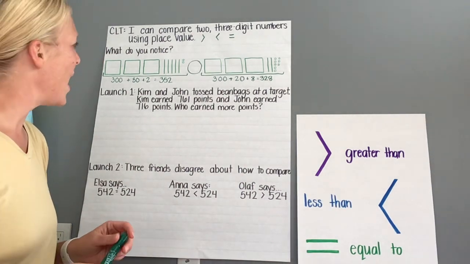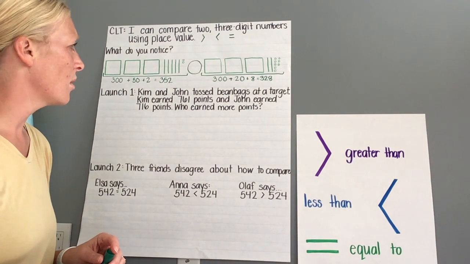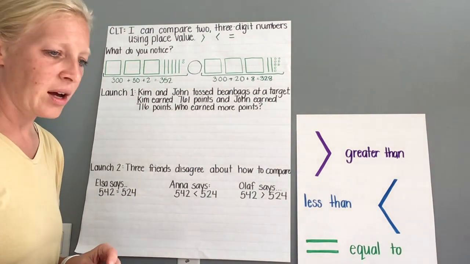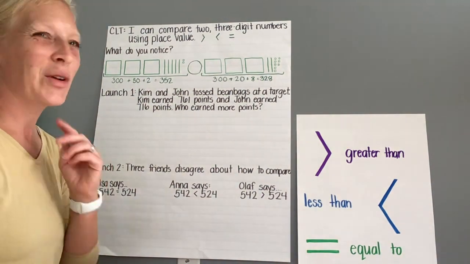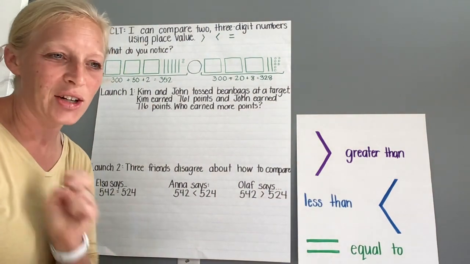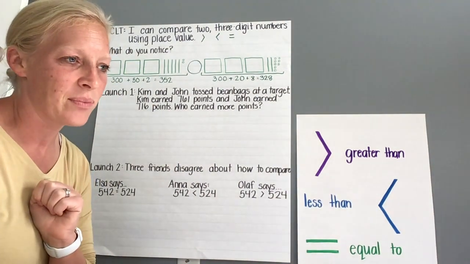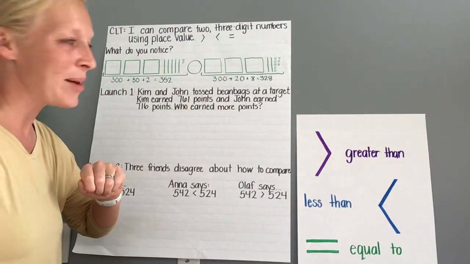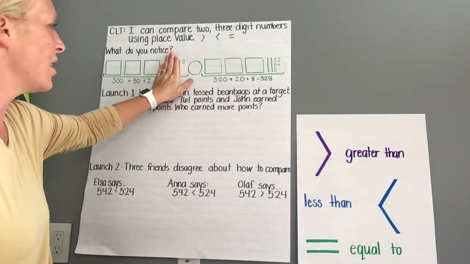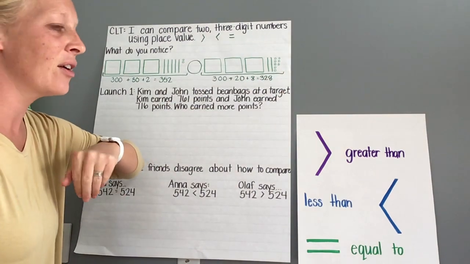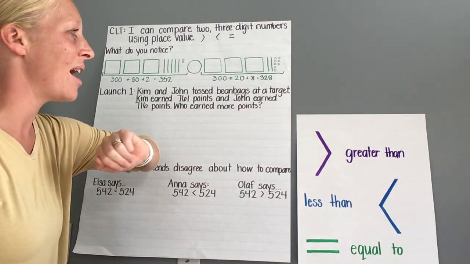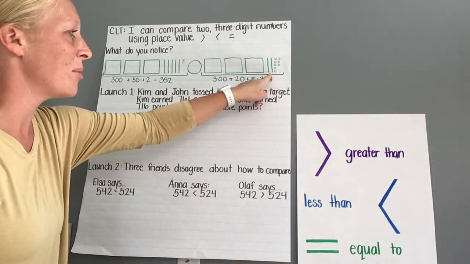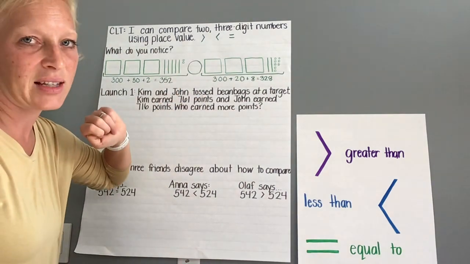Why do we look at the tens? Because they're more than the ones. When we were comparing those 2-digit numbers, we had to look at the ones place next, didn't we? We're going to look at the tens place next this time, right? Because if we have 5 tens here and 2 tens here, no matter how many ones I have, I still can't get up to my 5 tens, can I?